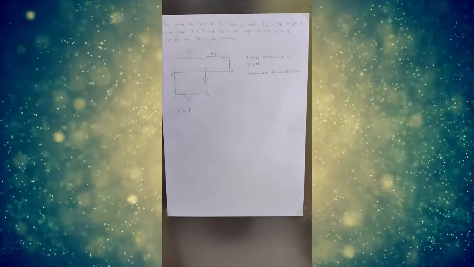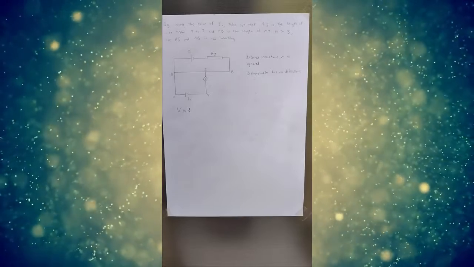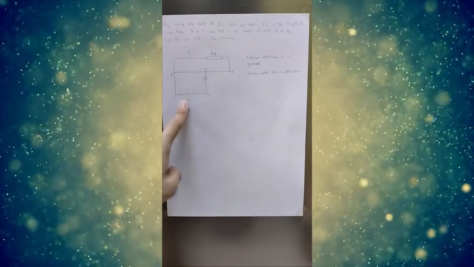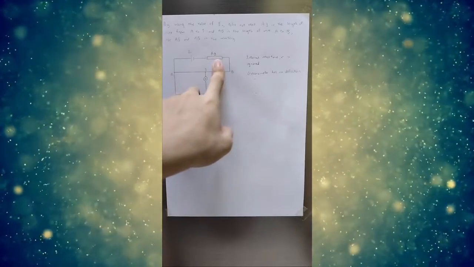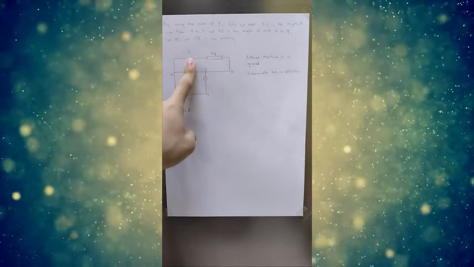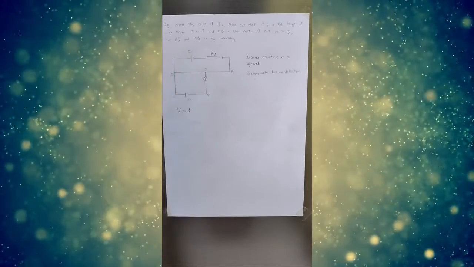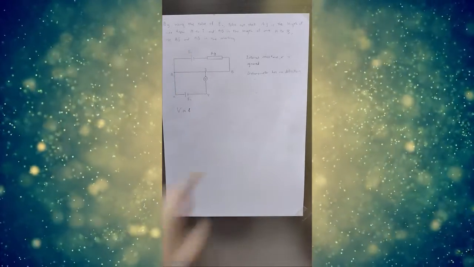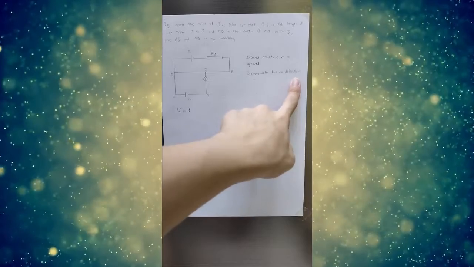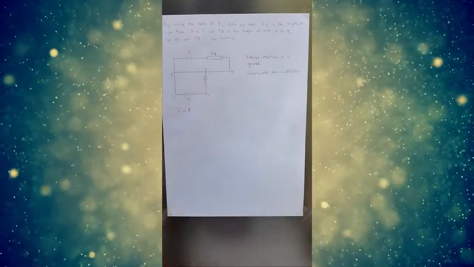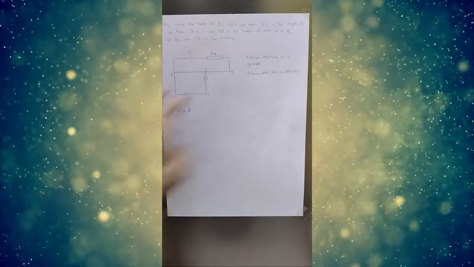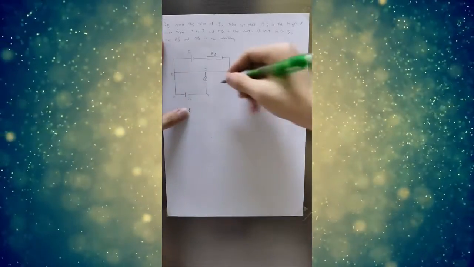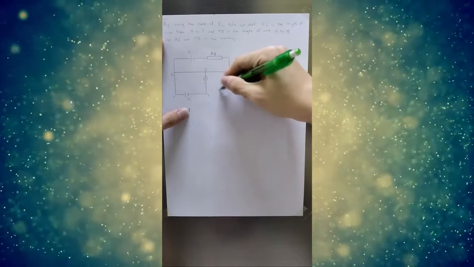Okay, so we need to find the value of E2 in terms of AB, AJ, the resistor value R3, and E1. For this question, we need to assume that the galvanometer has no deflection and the internal resistance R is ignored. So how do we find E2? First we need to know the value of VAB, the potential difference AB.